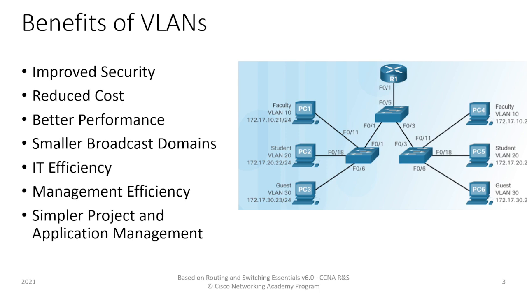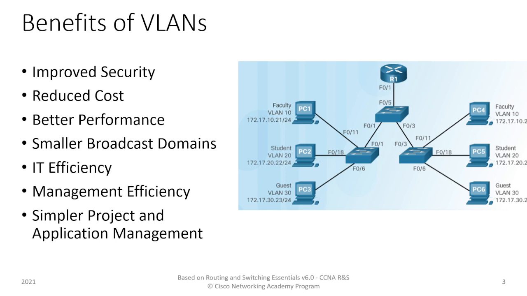So the main set of benefits, the majority of the benefits that we get from using VLANs, are around improving the efficiency of the overall network from different perspectives. We can have performance advantages.